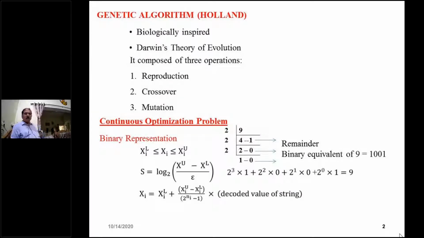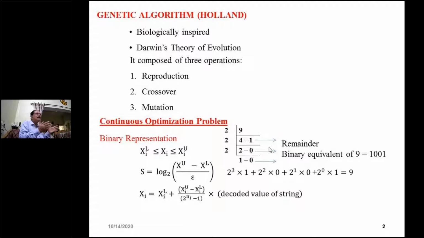To solve any problem using genetic algorithm, we need three types of operators, that is reproduction, crossover, and mutation. Now first, for a problem, you have to know the variable bounds, what the variables are in the problem.